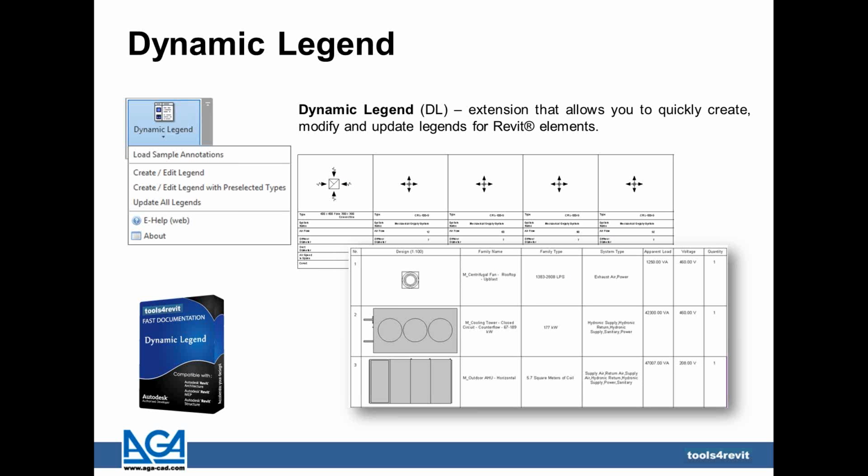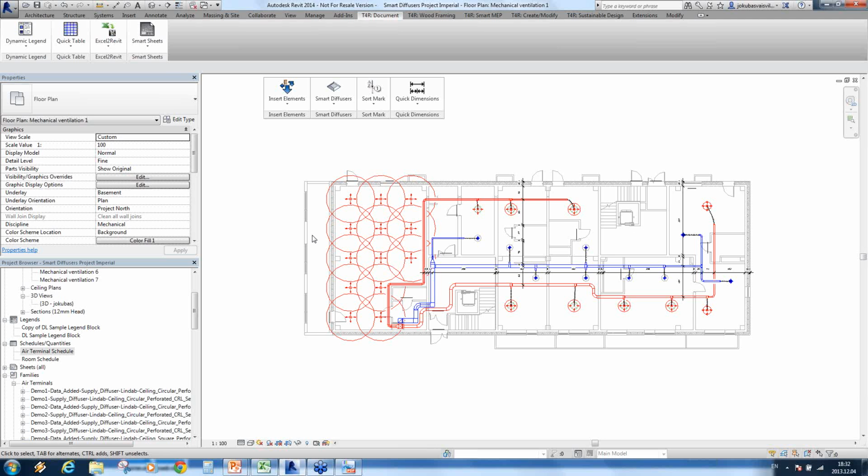Dynamic Legend. Dynamic Legend is an extension that allows you to quickly create, modify, and update legends for Revit elements. And again, I want to say that it is very easy to use. Here we have Dynamic Legend.